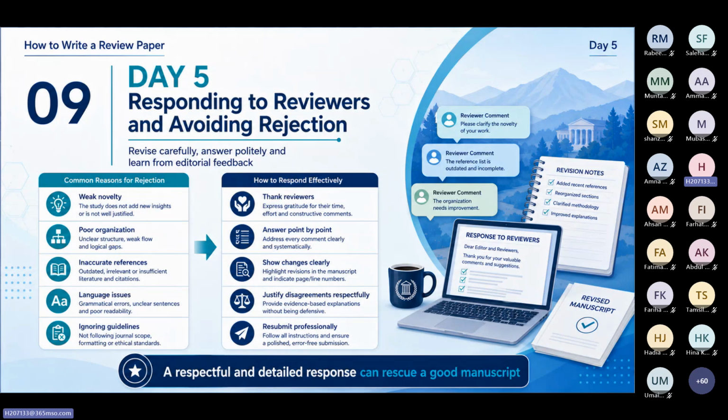You should say that this analysis does not undercut this field of study, or this study has different evidence to prove this thing, so we did not include this. You can justify it clearly, and then resubmit professionally, with all errors removed, and make clear that everything suggested or asked by reviewers has been answered and corrected.